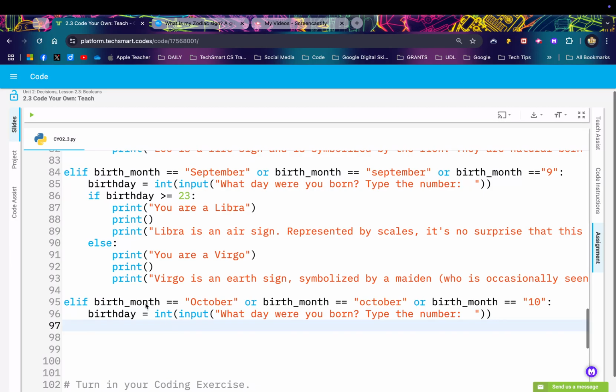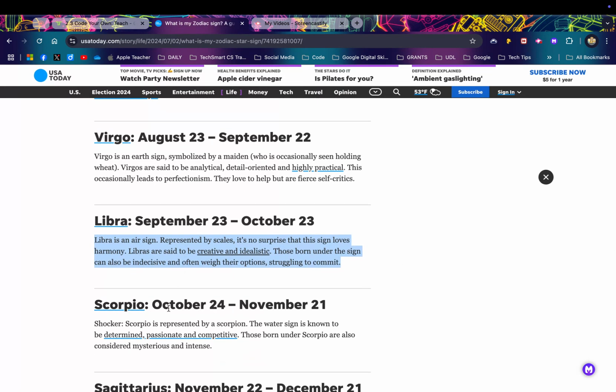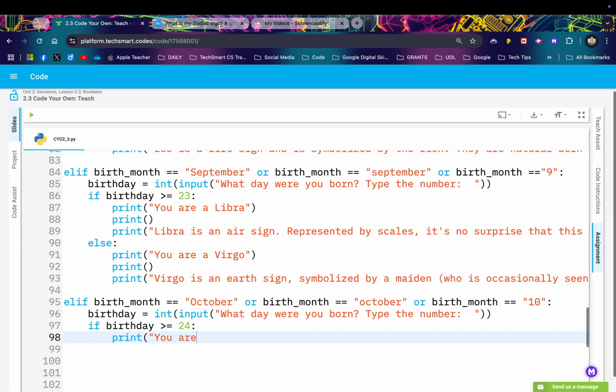Then I do my if birthday greater than or equal to. I have to check when the cutoff is. So the cutoff for Scorpio is the 24th. So I come back here, 24 colon, print. You are a Scorpio. Okay.